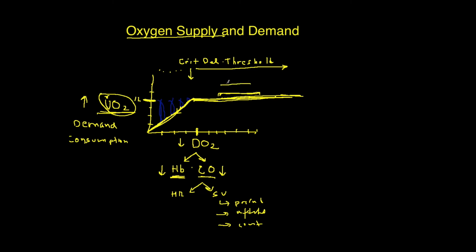So this would be a decrease in mixed venous O2 sat, whereas an increase in mixed venous O2 sat is moving rightward.